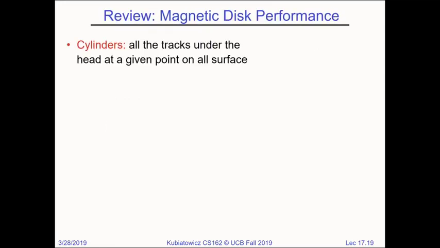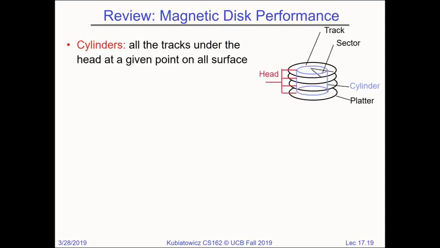So, magnetic disk performance. Again, the cylinders are everything looking straight down. It's a cylinder of tracks. The head goes through all the platters at once. There are some number of platters in a disk drive. How many platters are in typical disk drives these days? Let's say we talk about a 3.5-inch server drive.